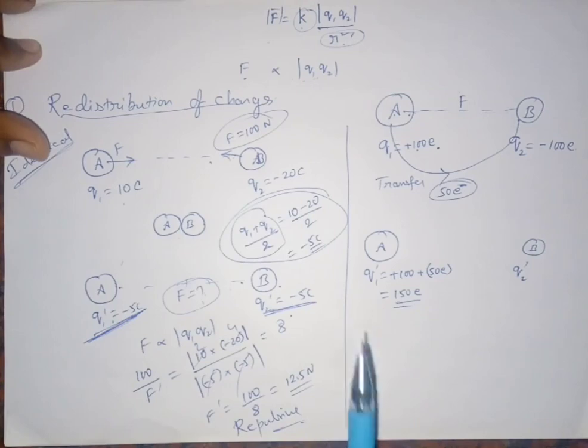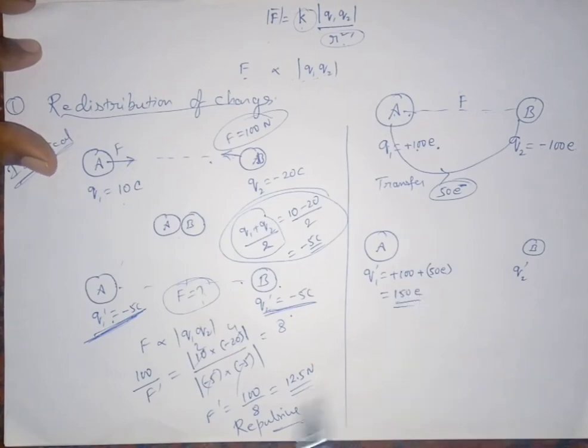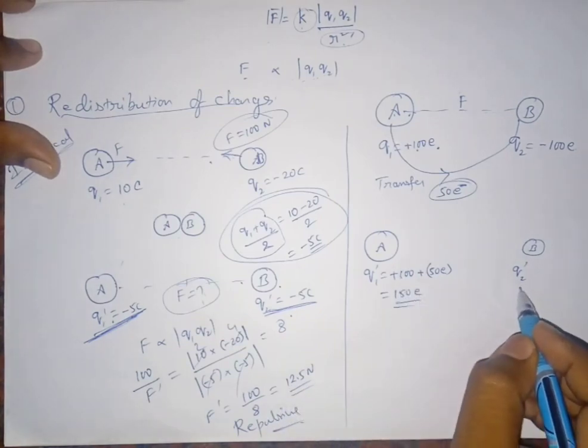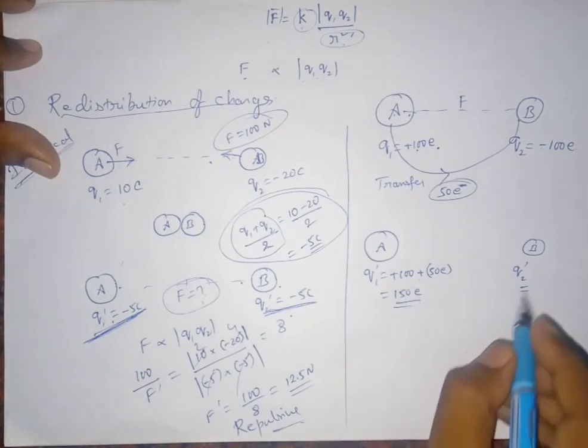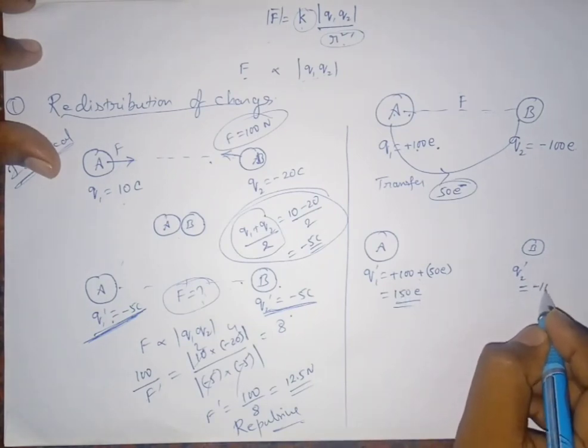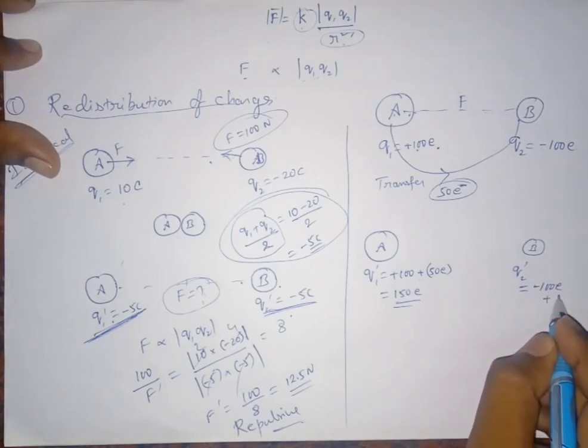Of course, charging is done only by transfer of electrons. Whenever a body loses electrons, it gains positive charge. Whenever a body gains electrons, it gains negative charge. So let's add it. Minus 100e is already pre-existing there. Add some negative charge to it, minus 50e.